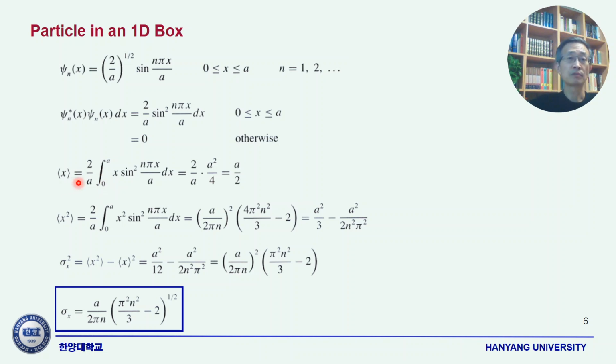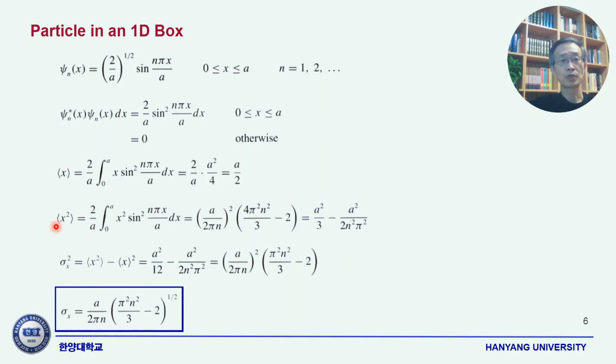So the average is x times 2 over a sine square n pi x over a dx, integral 0 to a. That is the limit for the box. If you do this, what you obtain is a over 2. This is very reasonable. You have a box of size a, and the particle goes back and forth somewhere in the box. Then the average position of the particle is exactly in the middle, which is a over 2.